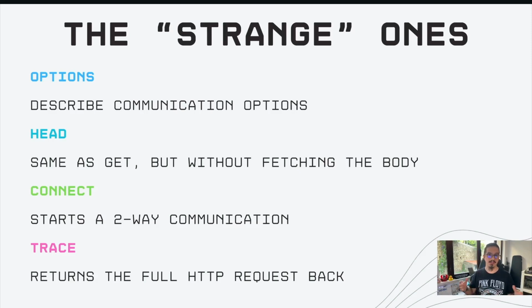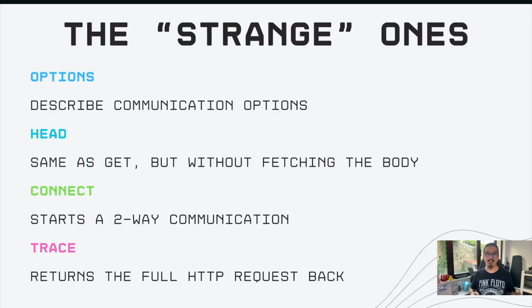To not affect the performance, instead of calling that resource and getting the whole body, since I wanted just the headers, I can call it with HEAD and get the headers back from the API, without fetching the whole body of that resource.